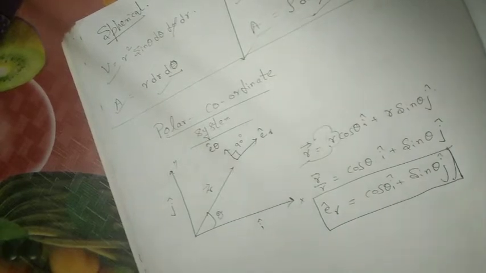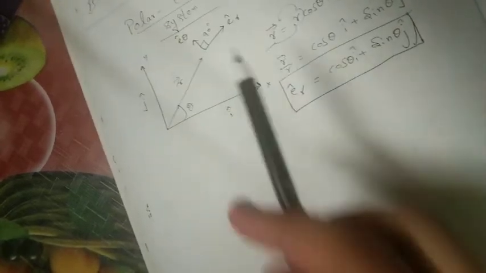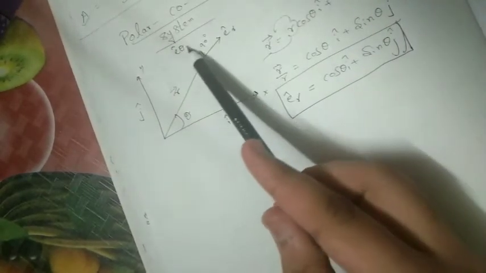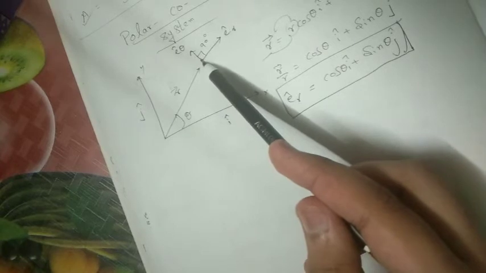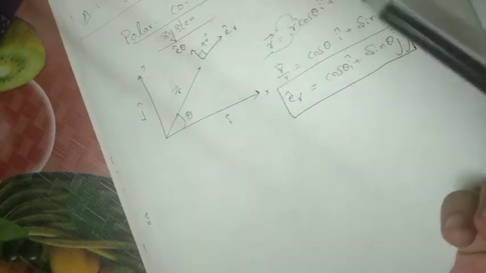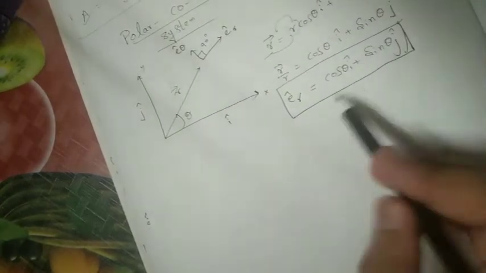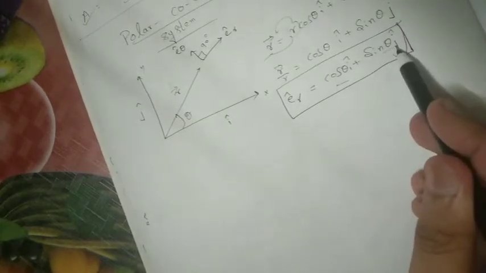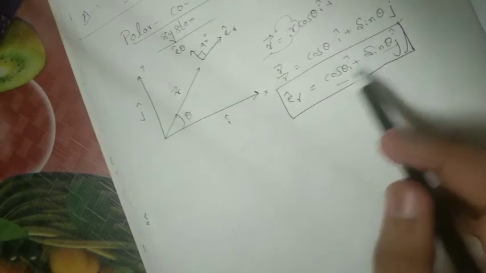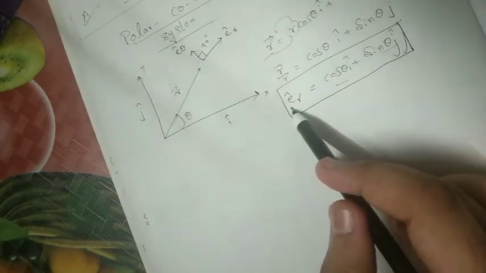As you know, see, this is very interesting. E cap theta is just 90 degree ahead of e cap r. We can easily find if we add 90 degree to this theta, what we find is equal to e theta cap.